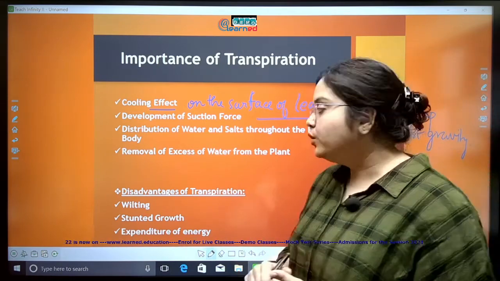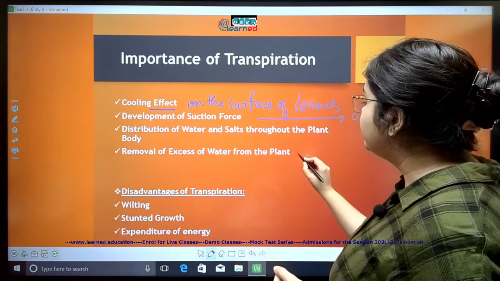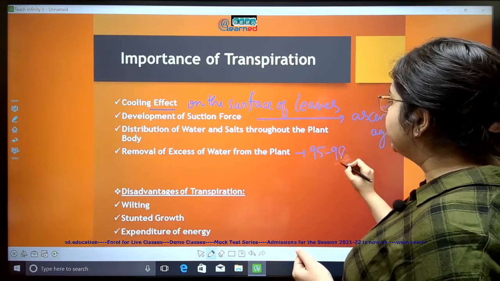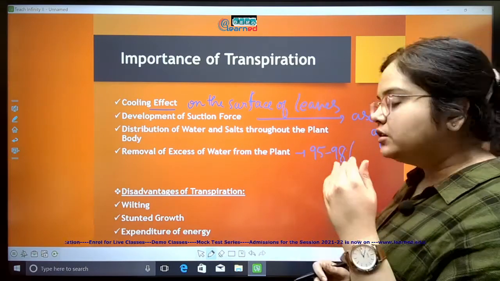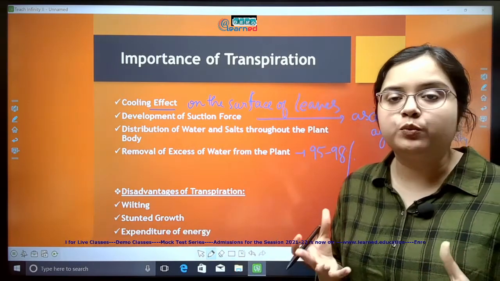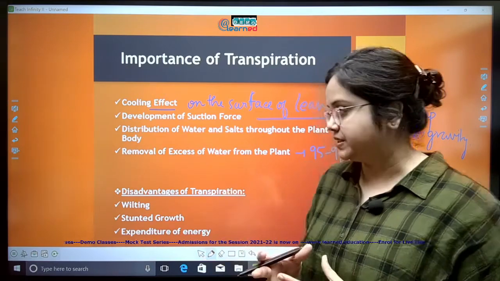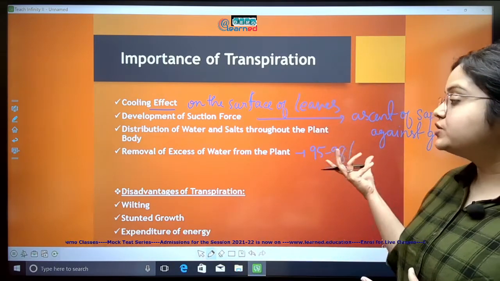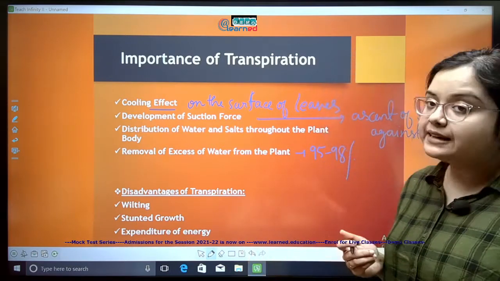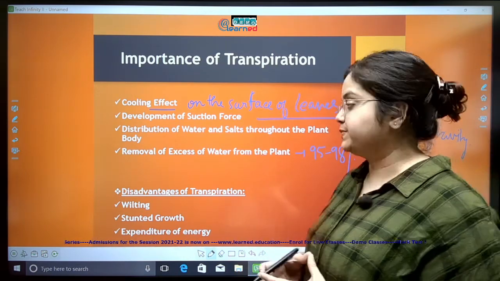Of whatever a plant absorbs from the soil, about 95 to 98% of that water gets transpired, and only 2 to 5% is actually used for photosynthesis and other purposes. So whenever there is excess absorption of water by the roots, that excess water gets transpired.